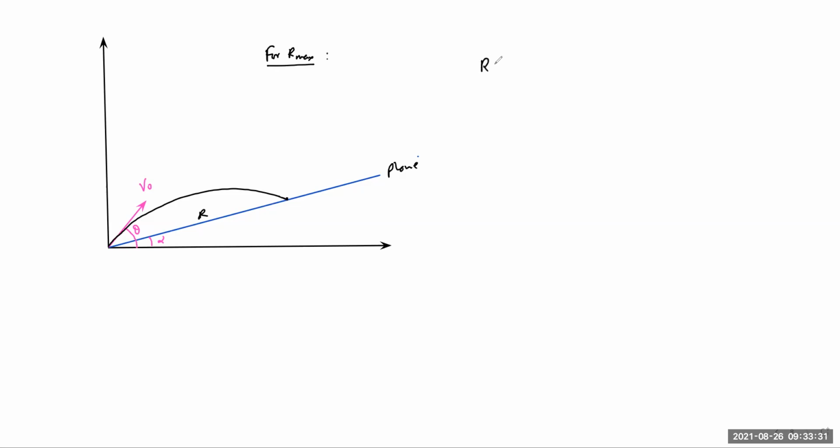So first we'll add the formula for which is V naught square by G cos square alpha into 2 sine.